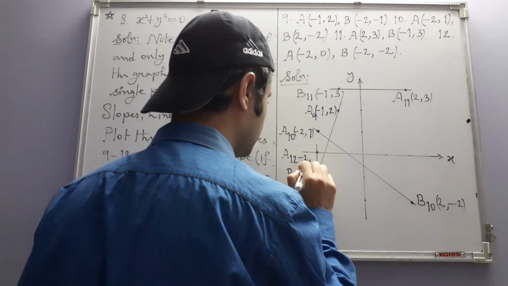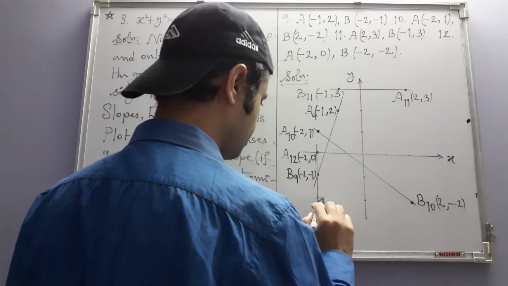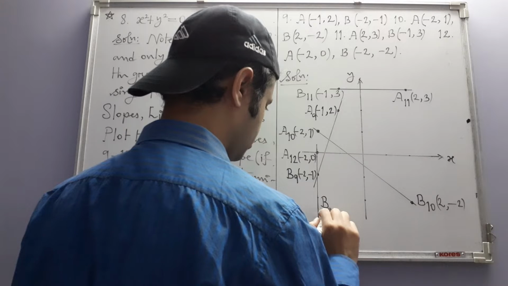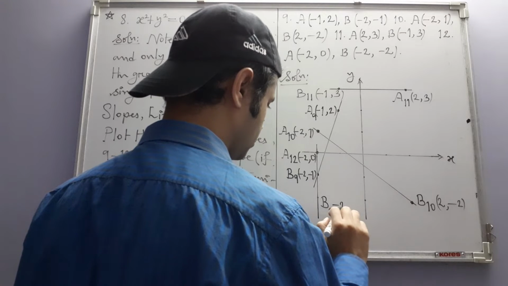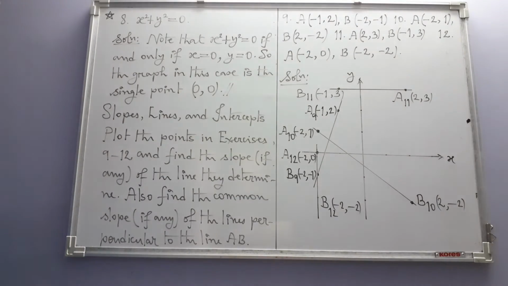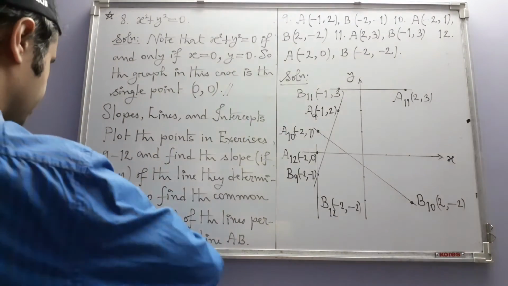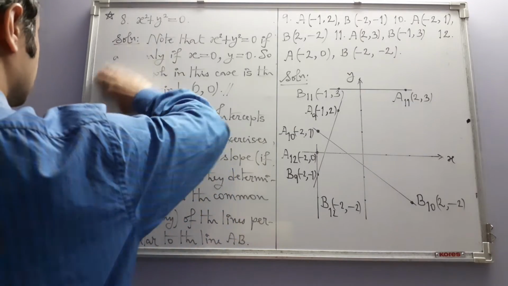A12 is -2 comma 0, and this is B12. Let us calculate the things here.